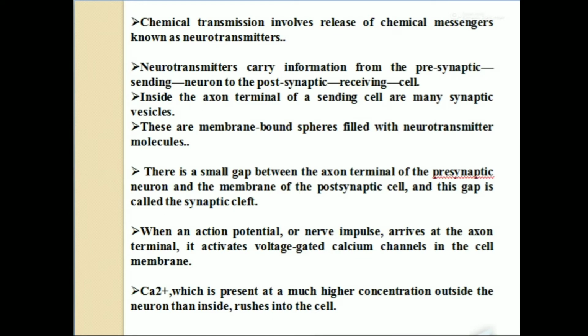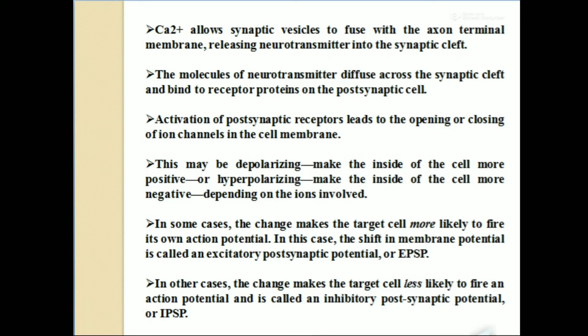What is the function of calcium ion? This calcium, which is present in much higher concentration outside the neuron than inside, rushes into the cell. This calcium allows the synaptic vesicle to fuse with the axon terminal.